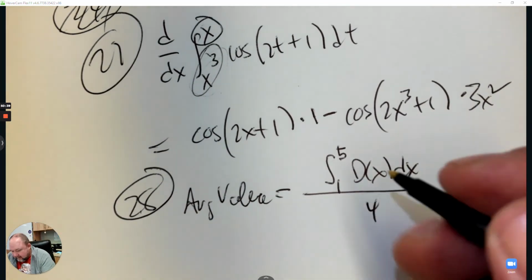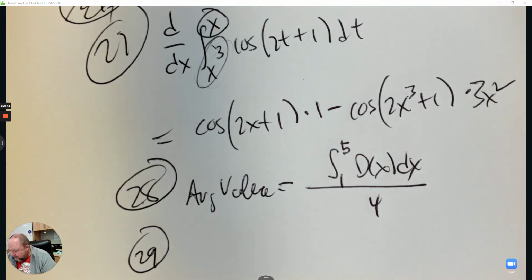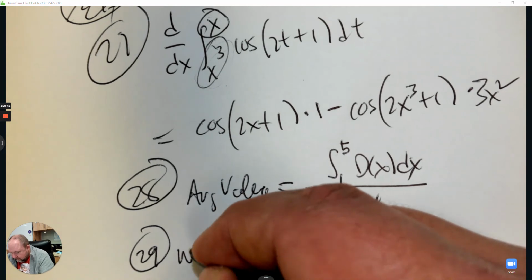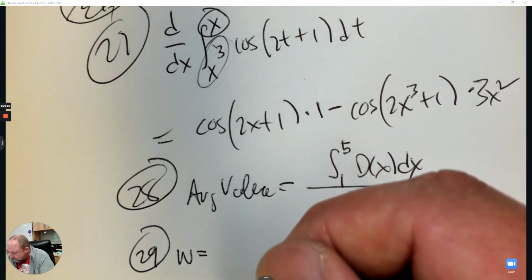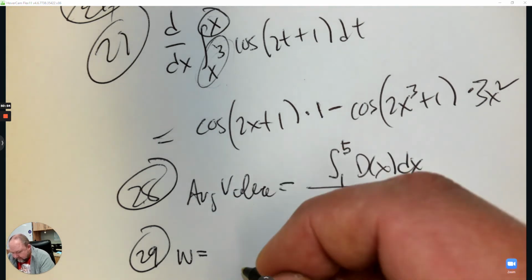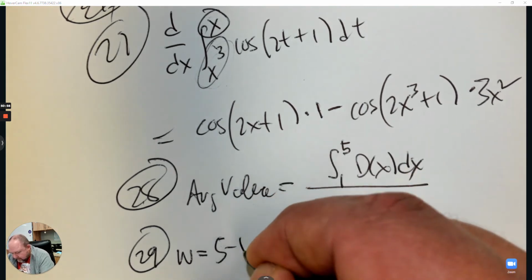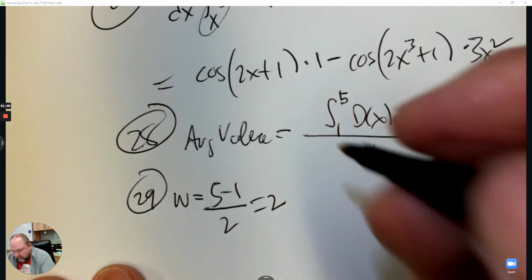Number 29, use a midpoint Riemann sum with n equals 2. So we have the same average. So from 1 to 5. So the difference of the bounds divided by how many you have. So each one's going to be, the width is 2.